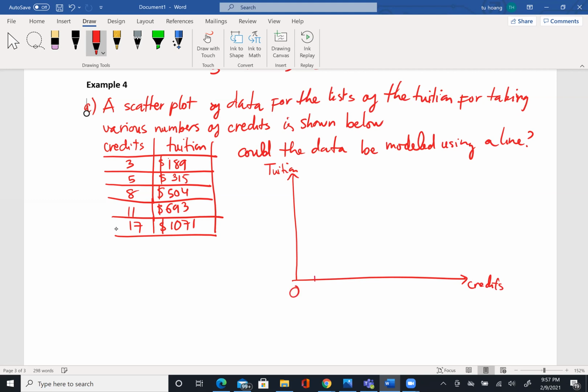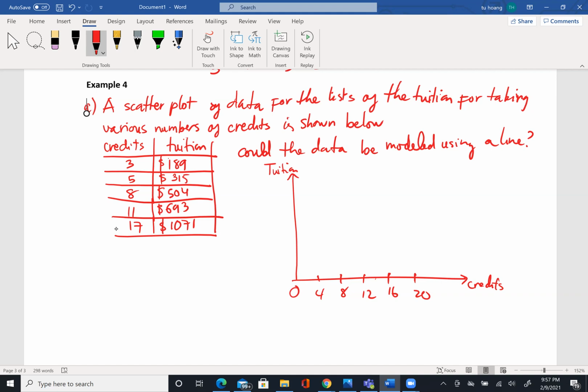From 0, 4, 8, 12, 16, and then 20, so each step here is 4 units.